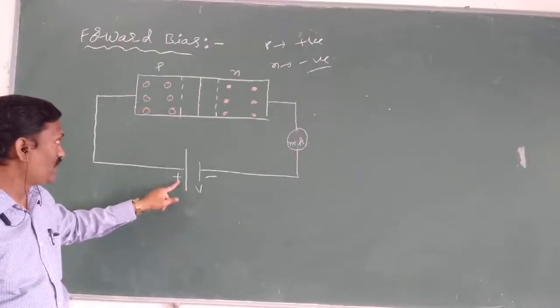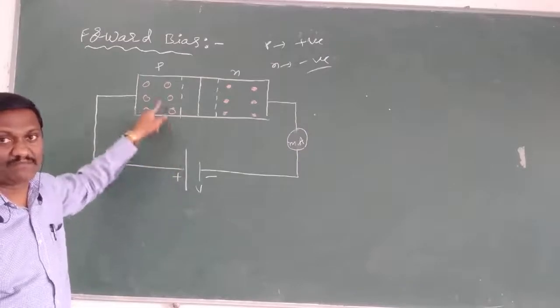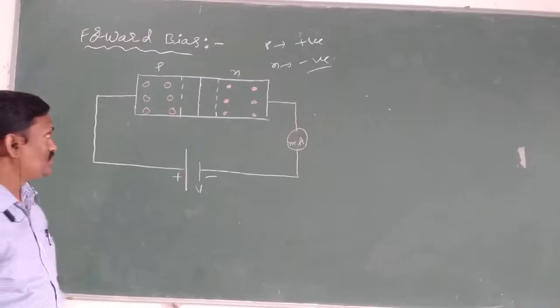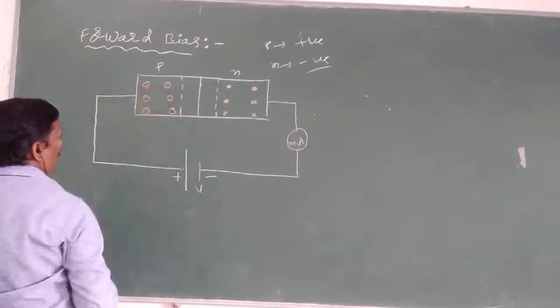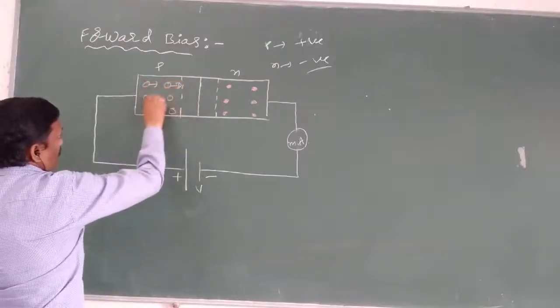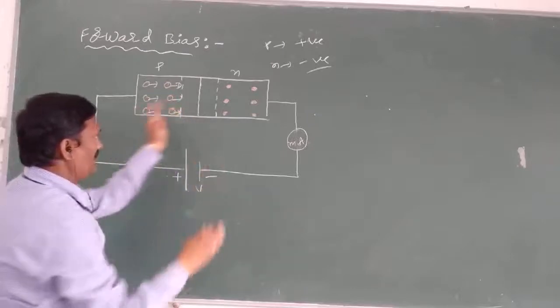Between the positive polarity and the positive charge carriers, the nature of charge is the same, and like charges always repel each other. So the majority carriers, holes in the P region, are repelled by the positive polarity, trying to move towards the N region or towards the depletion layer.